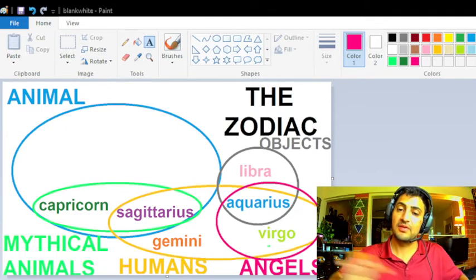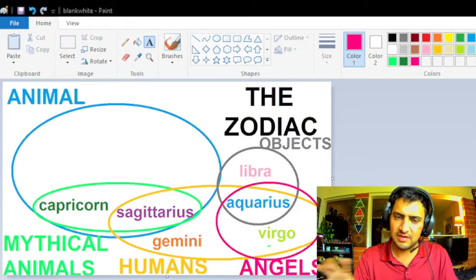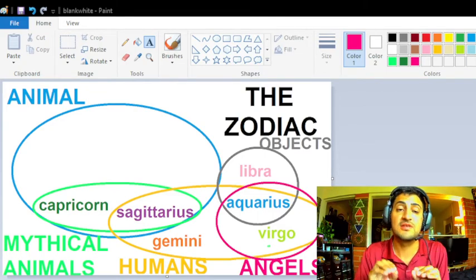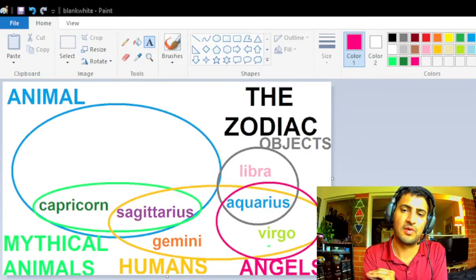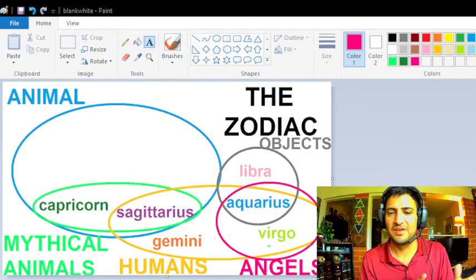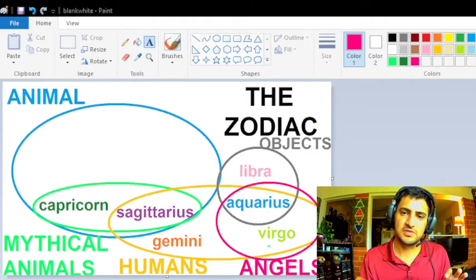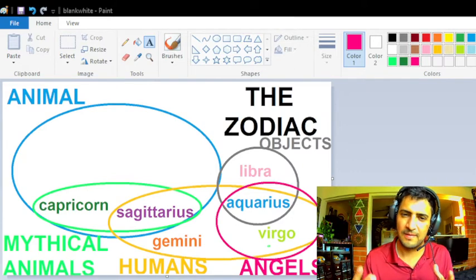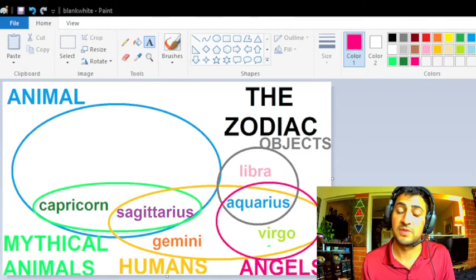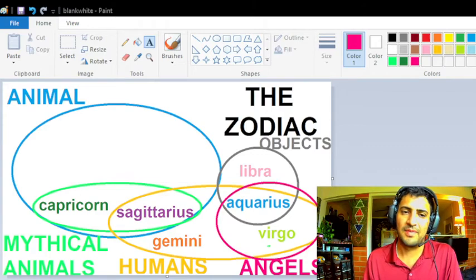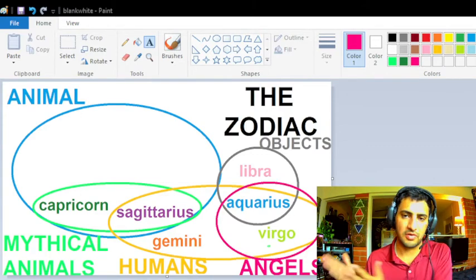So again, I'm providing this so you can categorize the signs in maybe a new or different way. The more different categories and filters you have, the more it enriches your ability to read charts and understand people's astrological makeup, because it allows you to see other patterns, I guess.